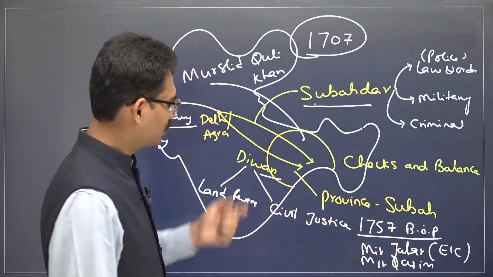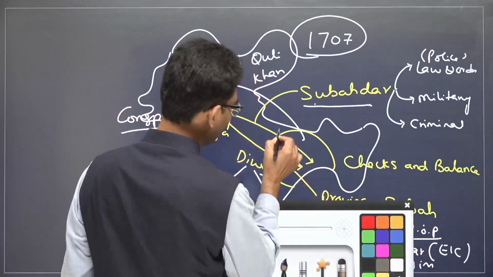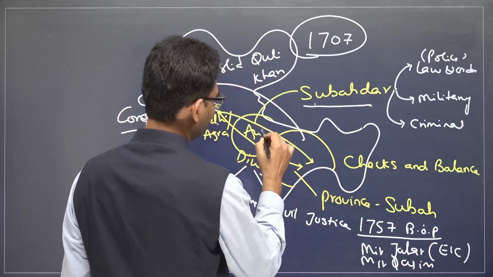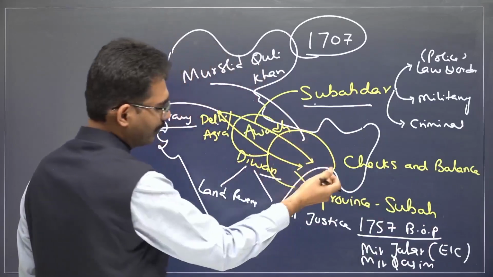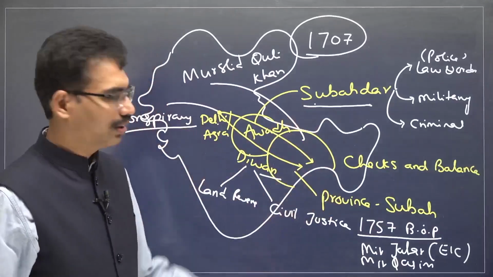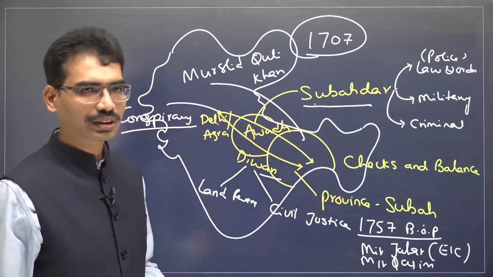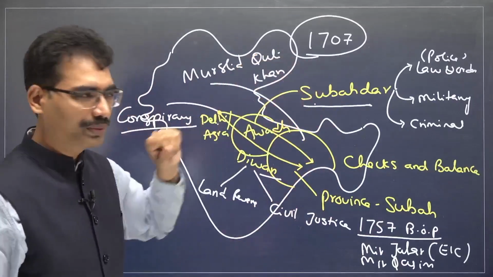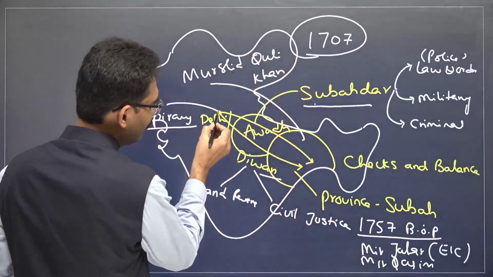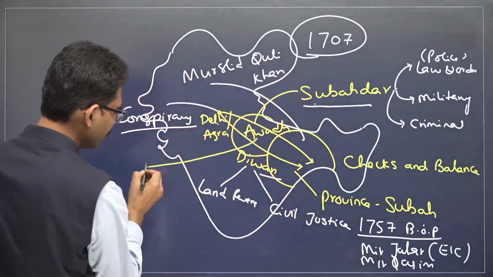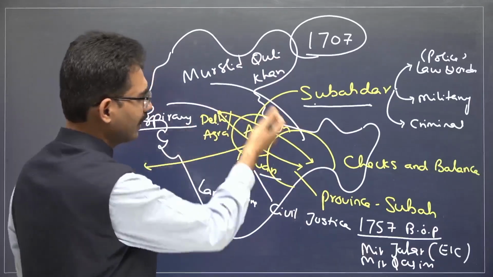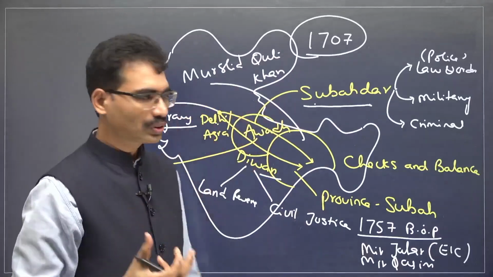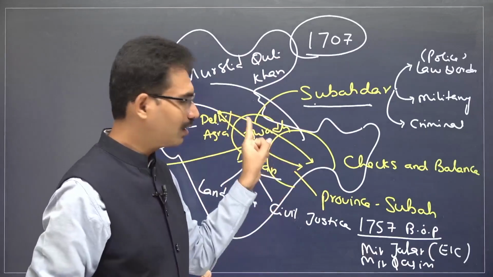Mir Qasim went to the Nawab of Awadh. Whatever was happening in the case of Bengal, the same was happening in Awadh also. In Awadh the ruler became very powerful. Now even the Mughal emperor himself is feeling secure in Awadh rather than in Delhi. That itself shows how strong Awadh and Bengal were compared to Delhi.